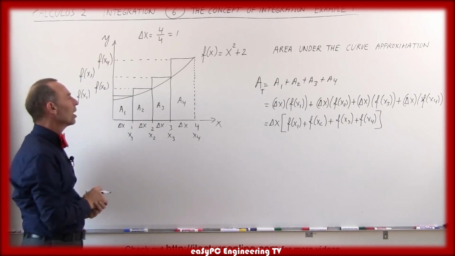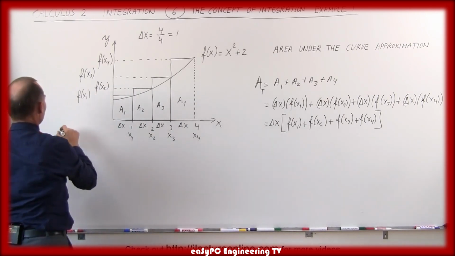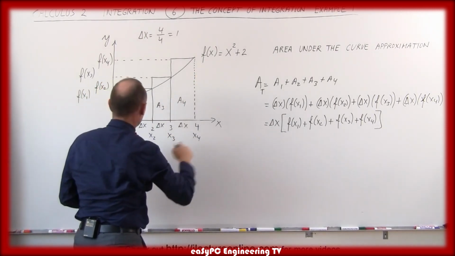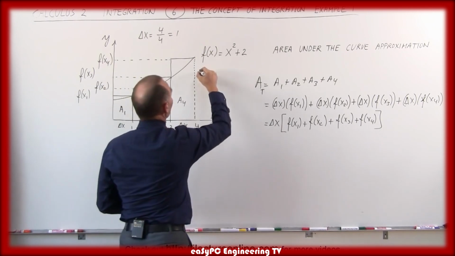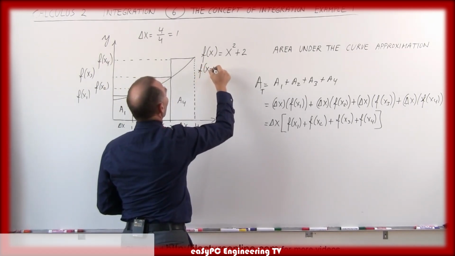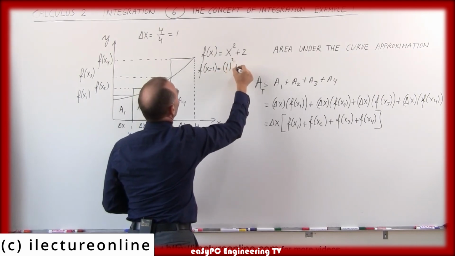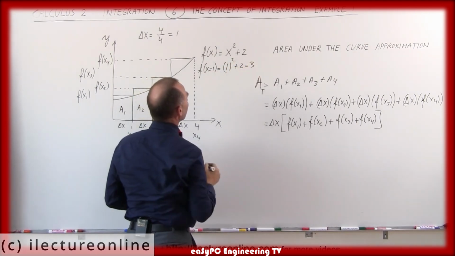What about the height in each case? What is f of x sub 1? F of x sub 1 is the function evaluated at x sub 1, and x sub 1 is equal to 1. So f, when x is equal to 1, is 1 squared plus 2, which is equal to 3.